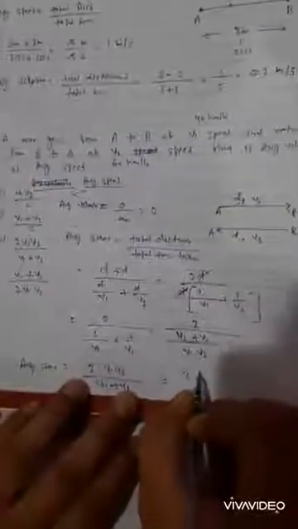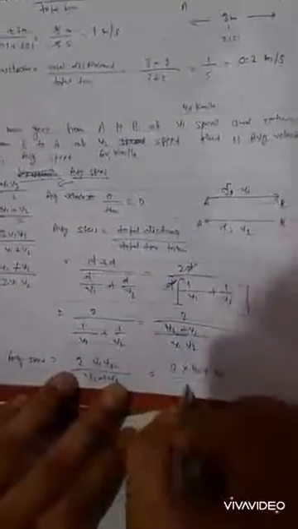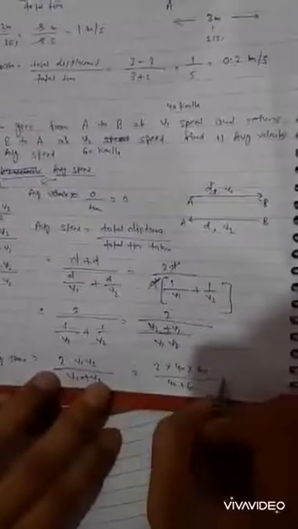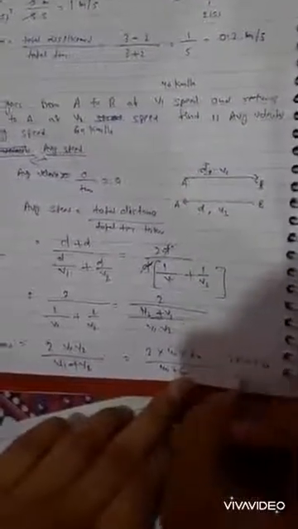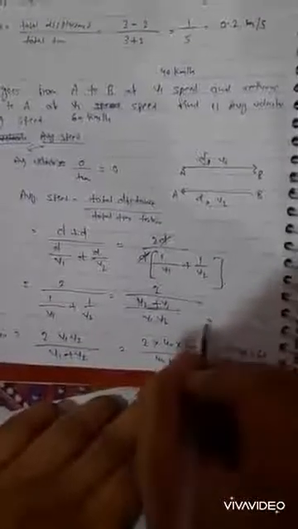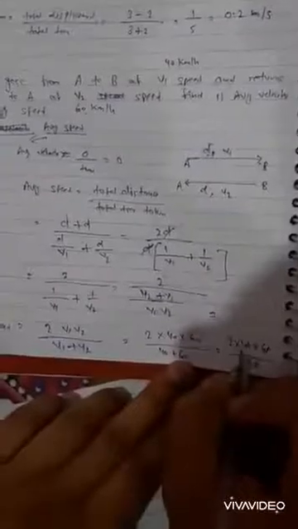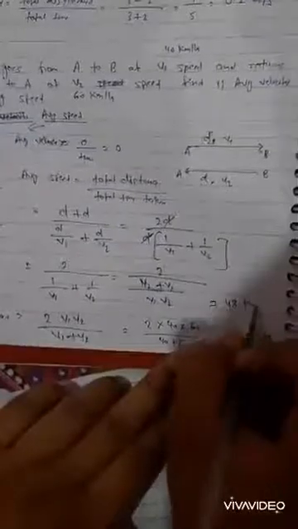You have to put both these values in this formula. So your final answer will be 4 2s are 8 and 8 6s are 48 km per hour. So your average speed will be 48 km per hour.